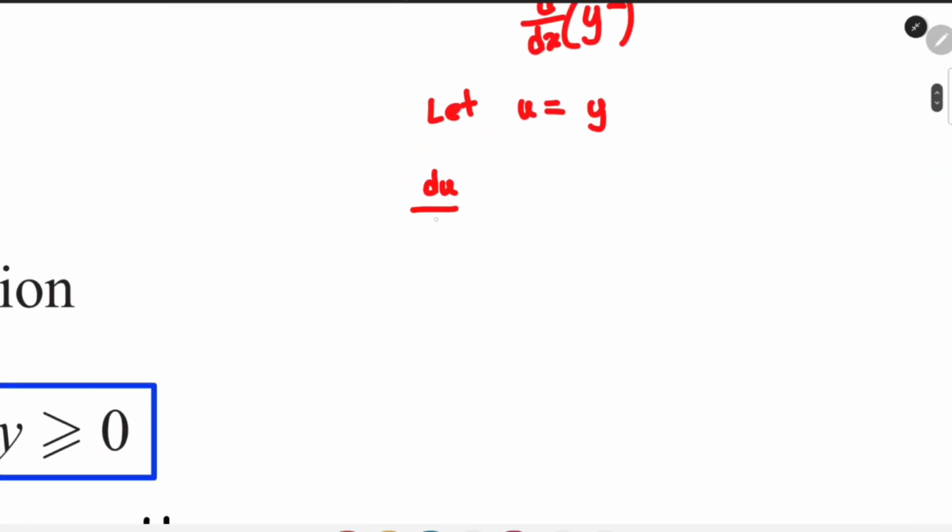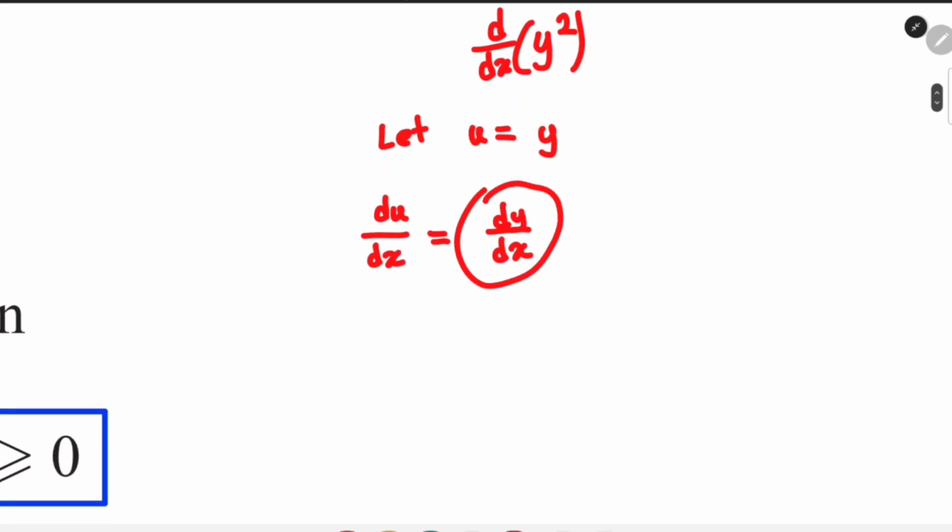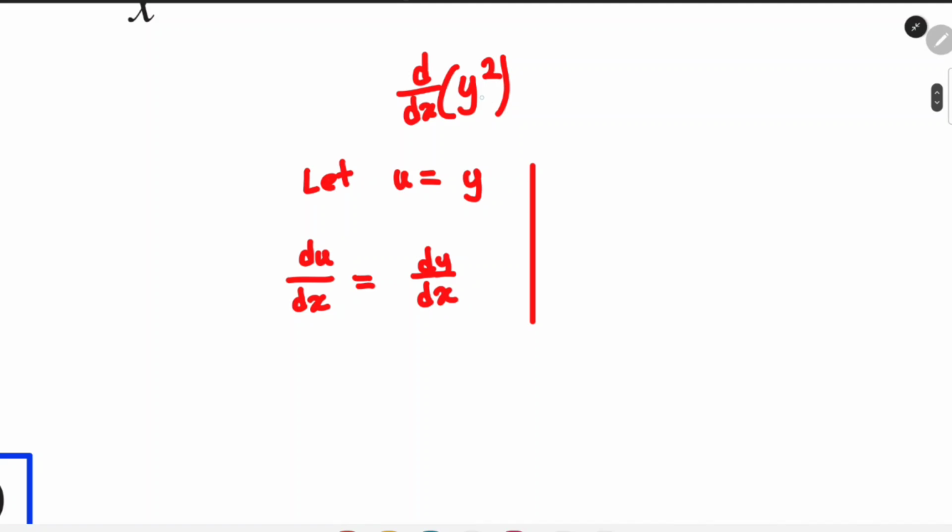So du/dx would be equal to dy/dx, because when we differentiate y with respect to x, we just get dy/dx. Now the original expression y square is also u square.